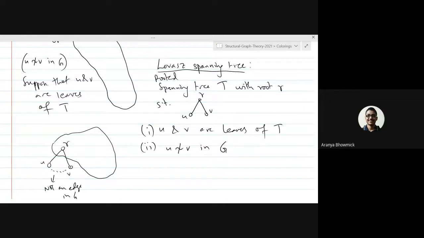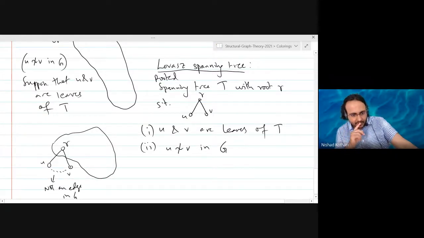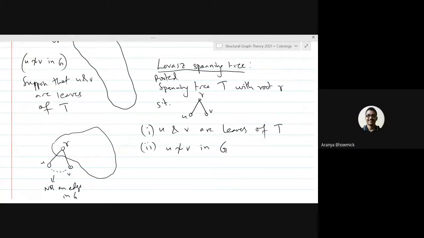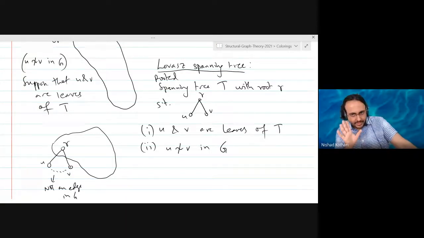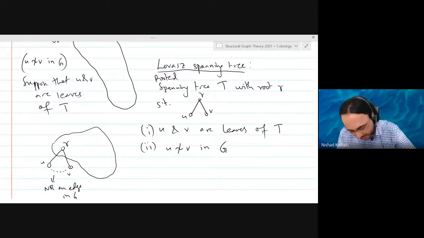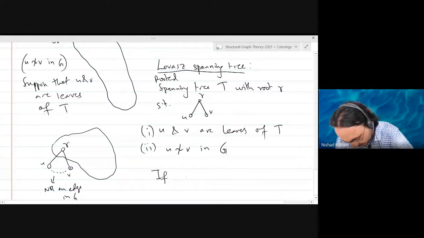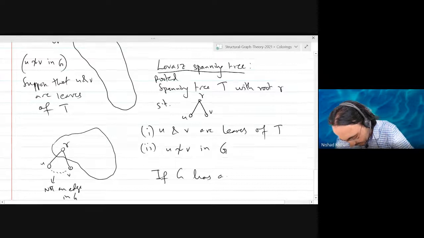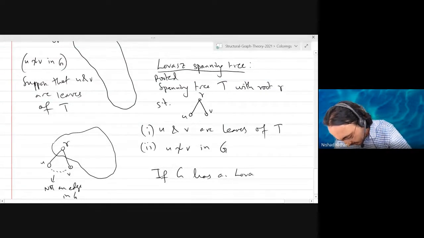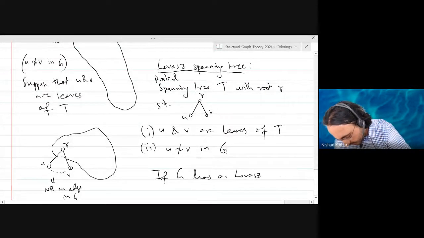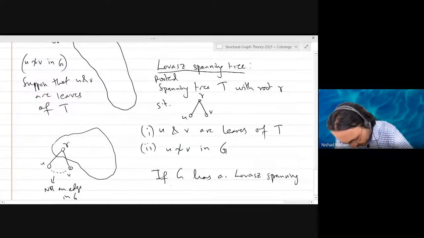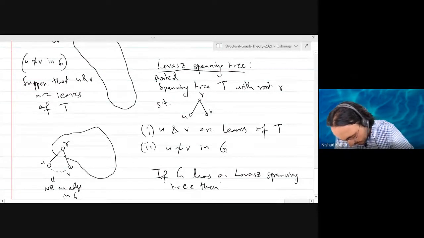No, but it is not clear to me why UV cannot be an edge in G. We want that property. It is a part of the definition. Okay. So this is the point I want to make: if the graph G has a Loa spanning tree, then you don't need more than delta colors.